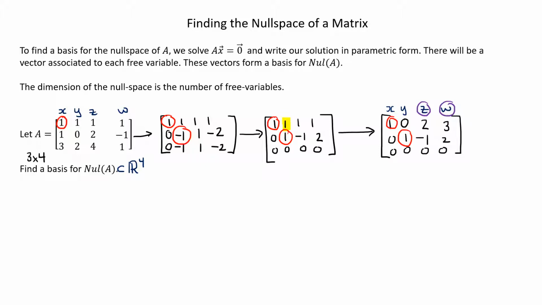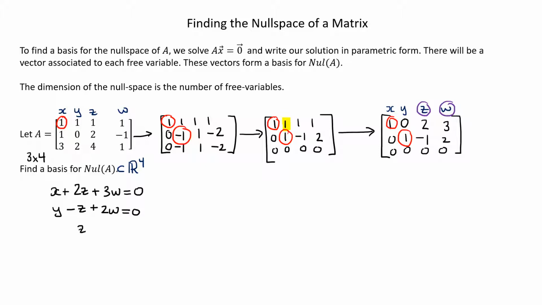Okay, so let's get to work rewriting these as linear equations. We get that x + 2z + 3w = 0, and that y - z + 2w = 0.